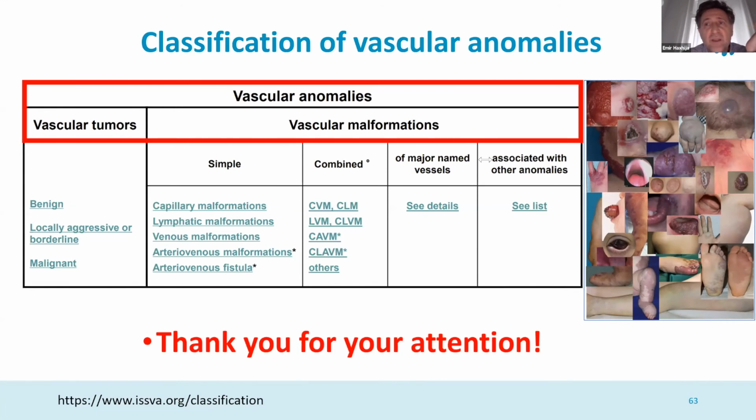The non-involuting congenital hemangioma, for example, which is already there at the age of 1 year and is not disappearing, usually has a white halo around the lesion, and from this white halo you can say it is a congenital hemangioma. Also, congenital hemangiomas are usually bigger. They're quite big lesions, actually.